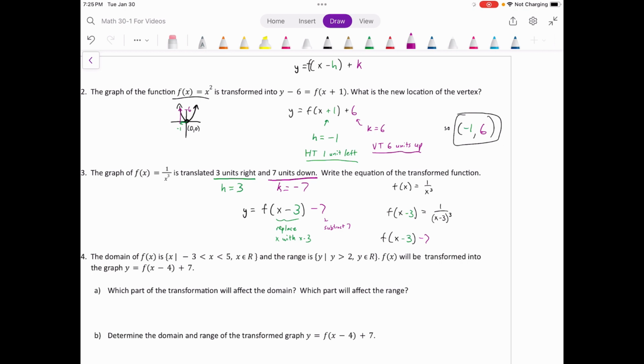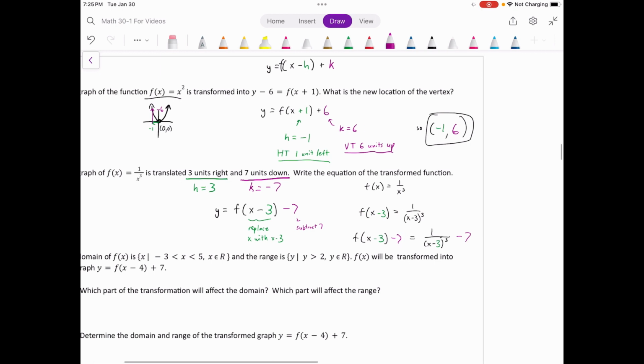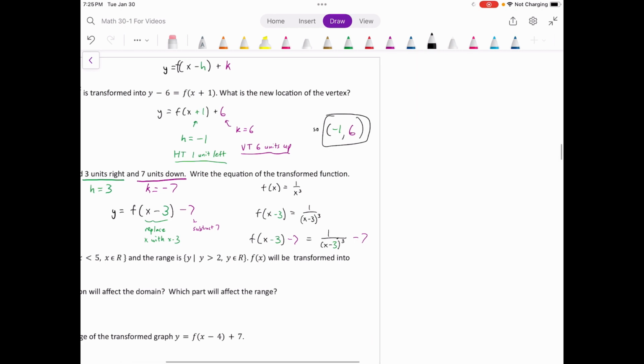We already know that f of x minus 3 is 1 over x minus 3 cubed, so 1 over x minus 3 cubed, minus 7. And that's it, folks. That is the equation. If we were to graph that, y equals 1 over x minus 3 cubed minus 7, that's the equation of the transformed function.